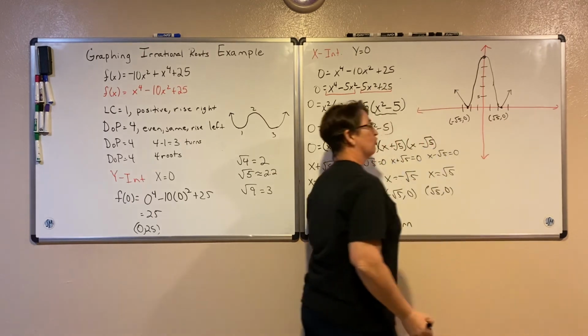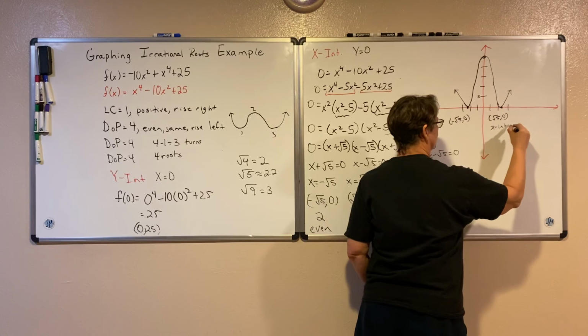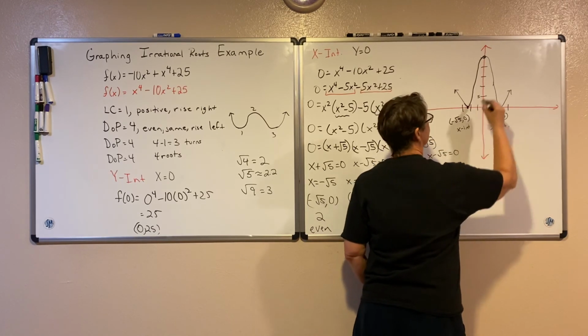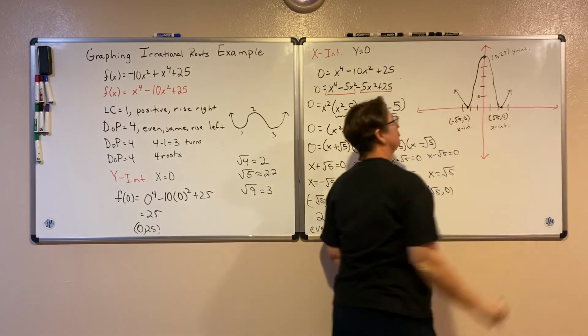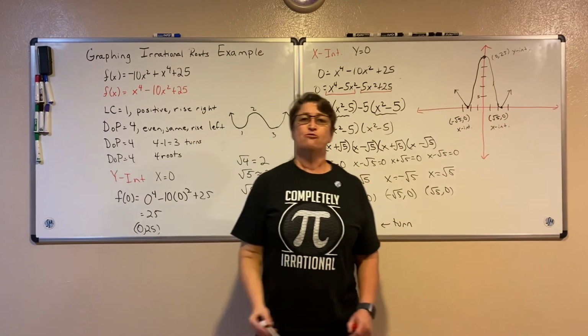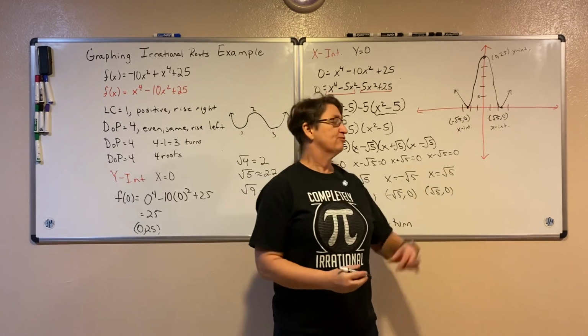And there we have graphed our polynomial with irrational roots. 0, 25 is our y-intercept. So there is that fourth degree polynomial with irrational roots graphed completely.